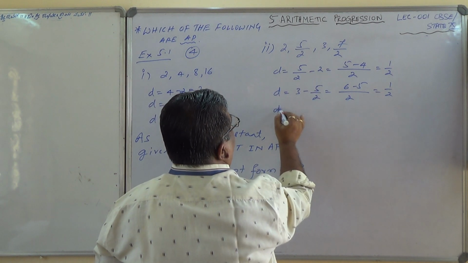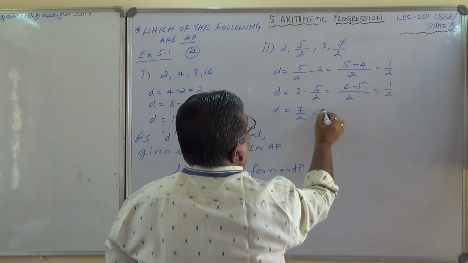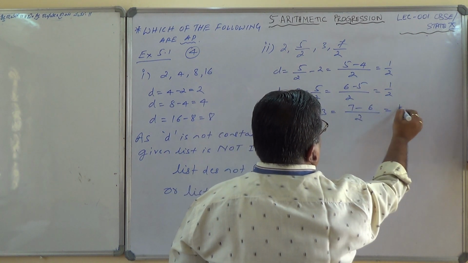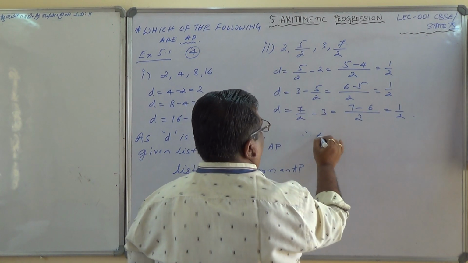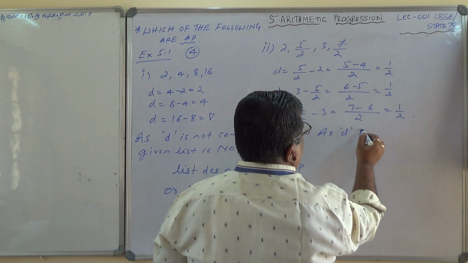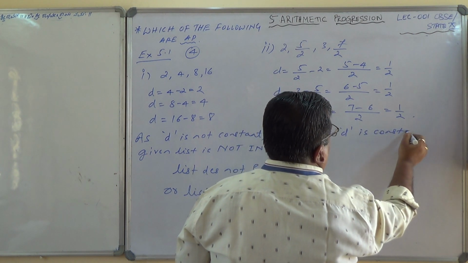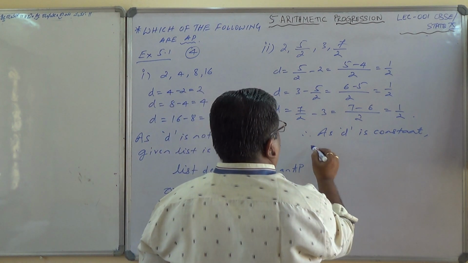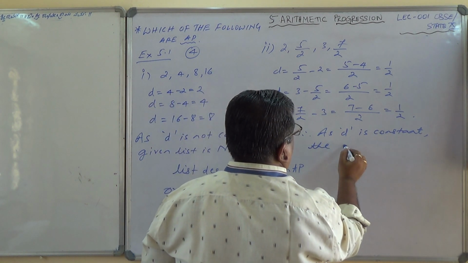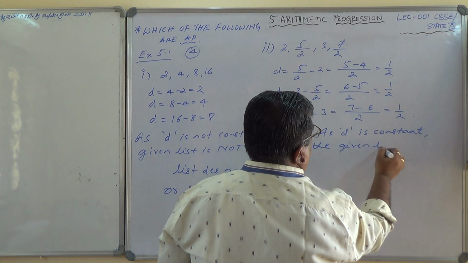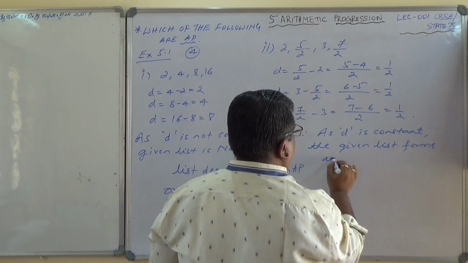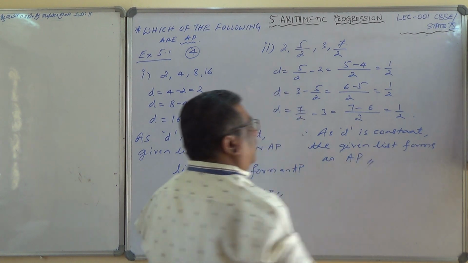Also next is D equals 7 by 2 minus 3, which equals 7 minus 6 by 2, which is 1 by 2. Therefore, as D is constant, the given list forms an AP. I hope you are able to understand.